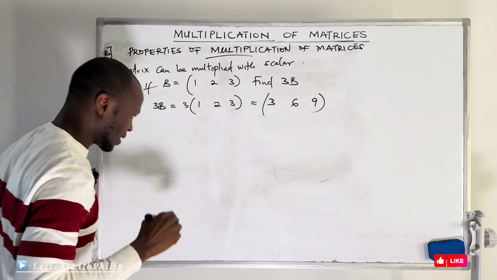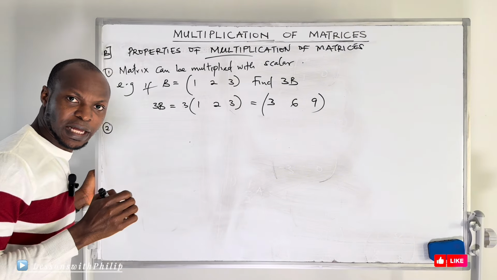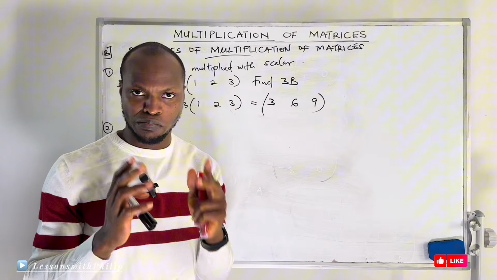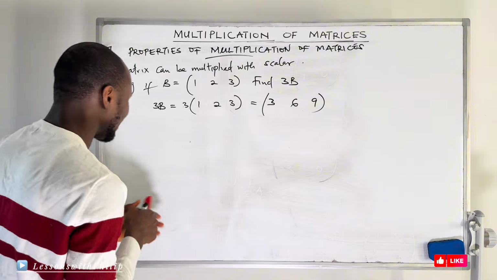Okay? Now the second property of matrix multiplication is that for you to multiply two matrices, they must be conformable.